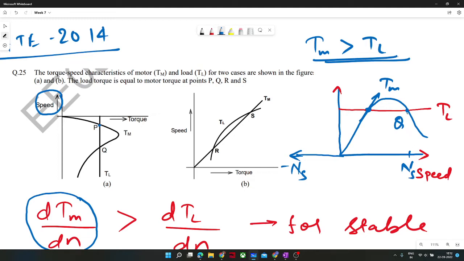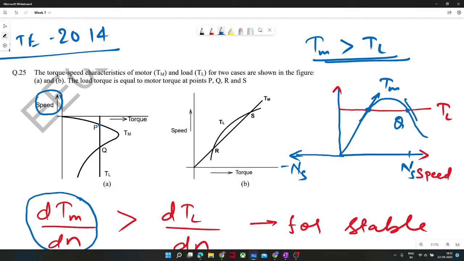But after some point, if it reaches the optimal point it should decrease, otherwise it would go out of super synchronous speed, or the angle would be out of phase, more than 90. So generally the swing equation, if you have studied it, its characteristics are also similar to that.